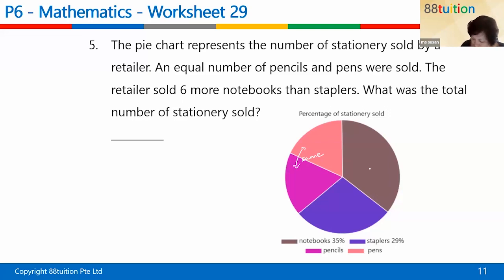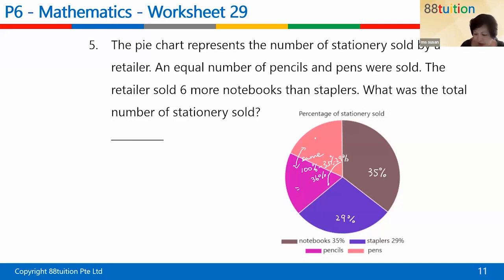So you have this one as 35%. This is 29%. So from here to here, you have to use 100% minus 35% minus 29%, right? 29 and 35. And then you get this at 36%.